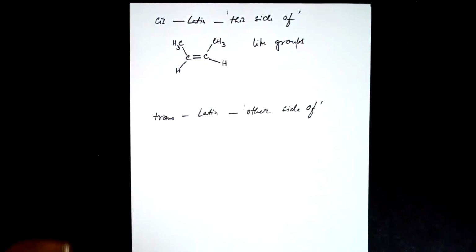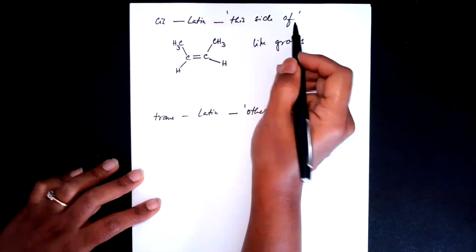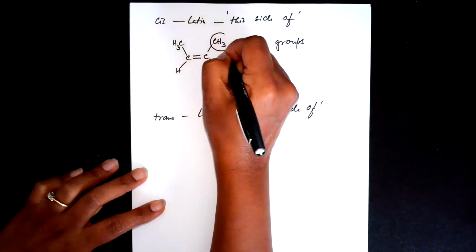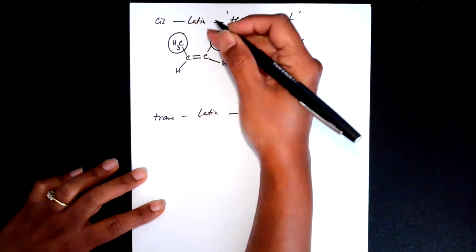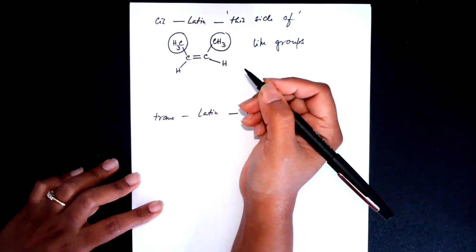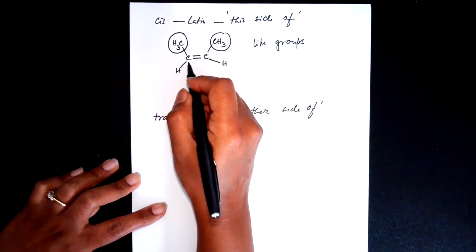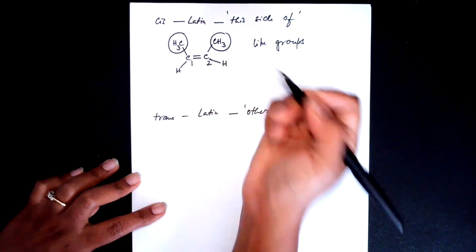So since the word cis means this side of, what it portrays is these same type of groups, the methyls in this case, are on the same side of the double bond. So when you determine if something is going to be cis or trans, stop at one carbon atom at a time. So I would consider this to be carbon 1. I would consider this to be carbon 2.